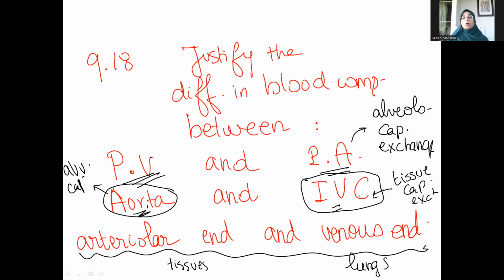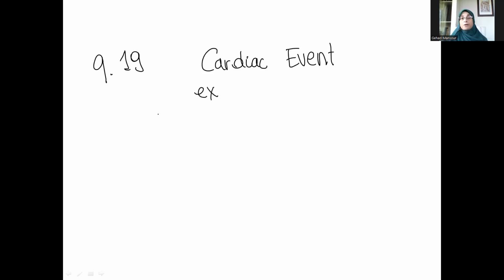Okay. You also have to know the cardiac events. Cardiac events are an important type of question. For a particular cardiac event, for example ventricular systole, I might ask you to describe what happens in the heart during ventricular systole.